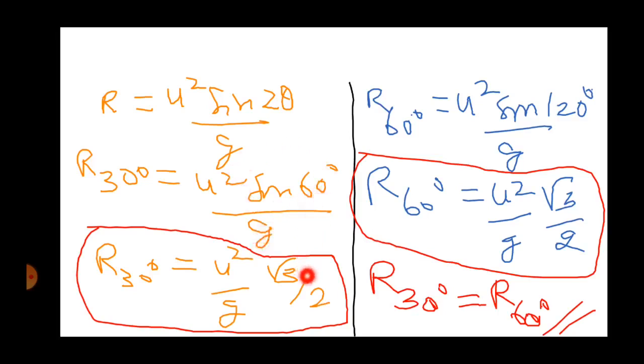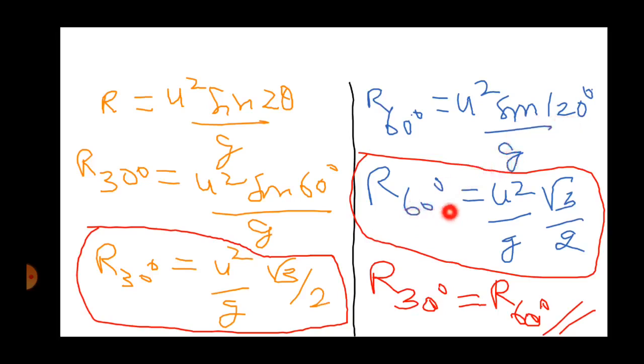Root 3 by 2. So r 30 degree is equal to u square by g into root 3 by 2. This is the first equation. And for the second object projected at angle 60 degree, the range is equal to u square sin 2 into 60, that is sin 120 degree, divided by g.